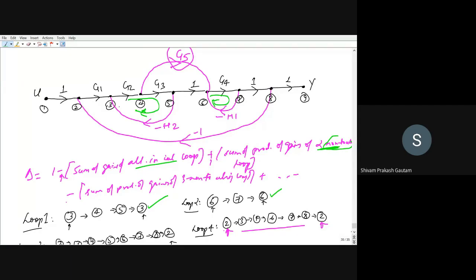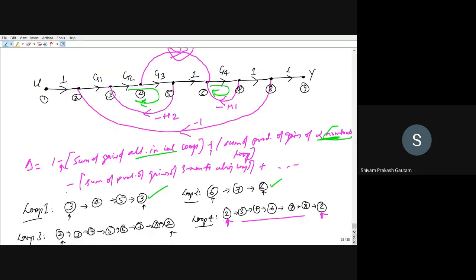If you compare loop 2 and loop 3, we are having node 6 here and node 6 here, so they have a common node. If you compare loop 2 with loop 4, you can see we are having node 6 as common. So loop 1 and loop 2 are the 2 non-touching loops. So we have to take the sum of product of gains of loop 1 and loop 2.